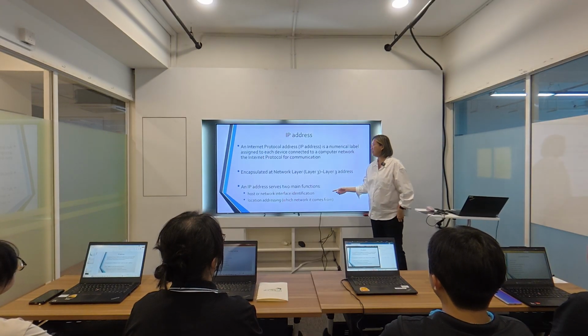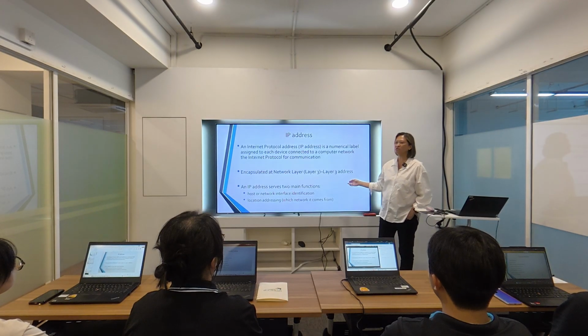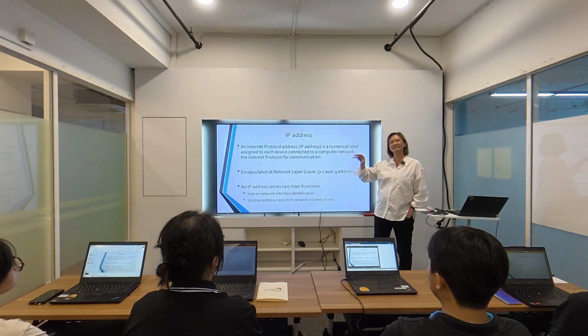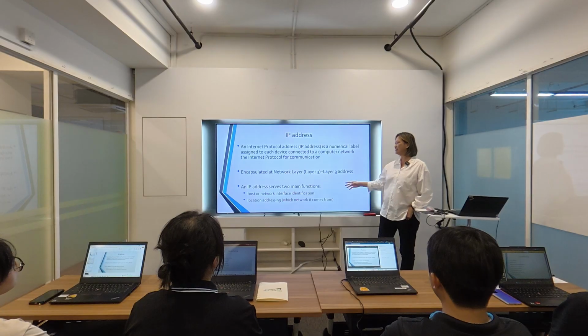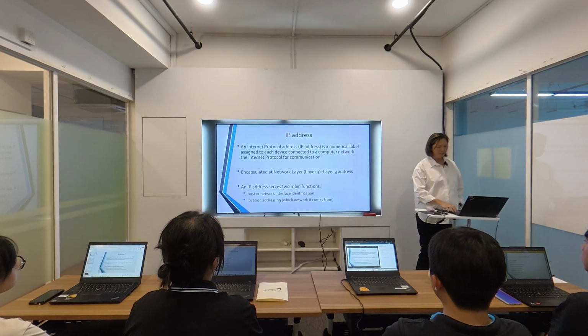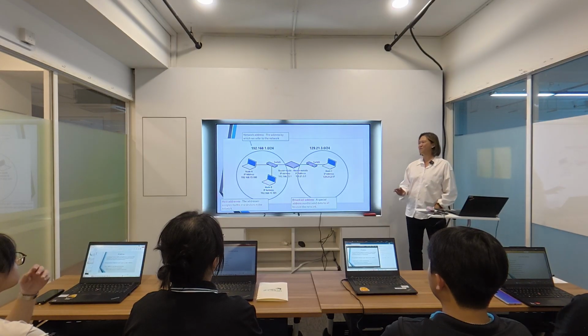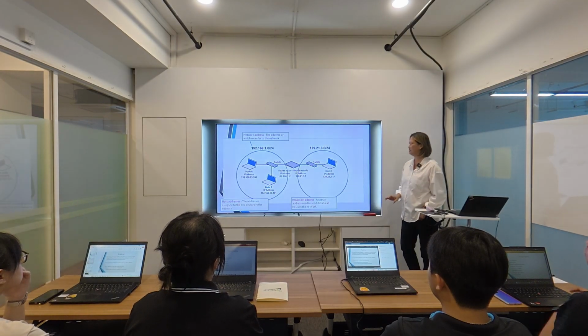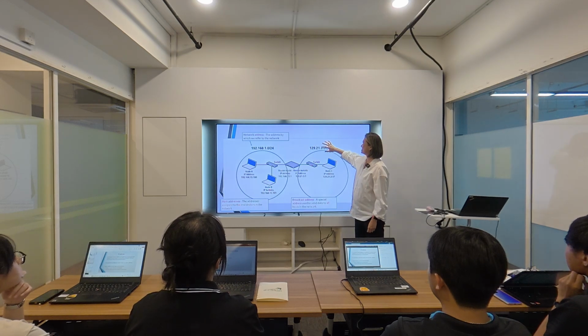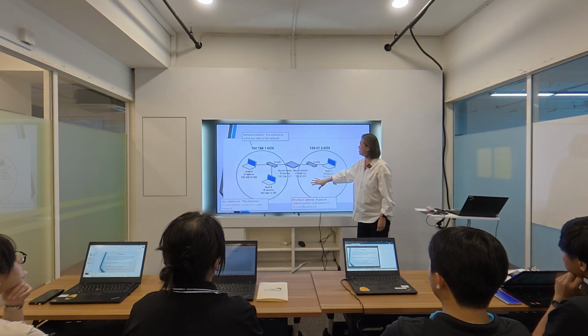Okay, now an IP address serves two main functions. One is the host ID, the address of the host itself. The other one is location, like what I explained just now. So how can you imagine it in the network topology? You can see that this is the network address telling you where the host is.